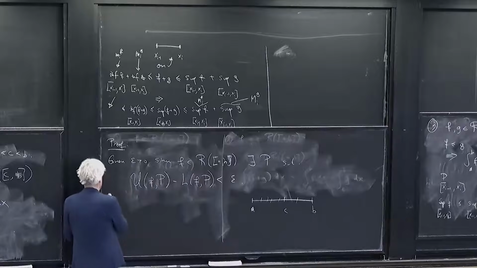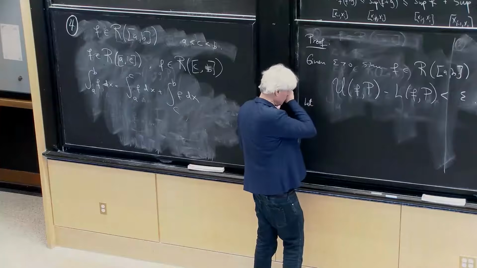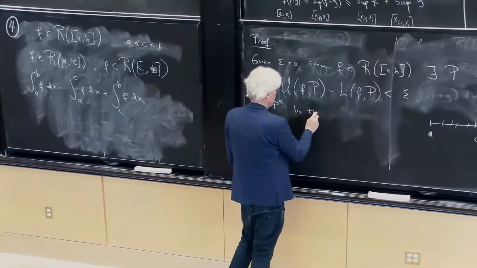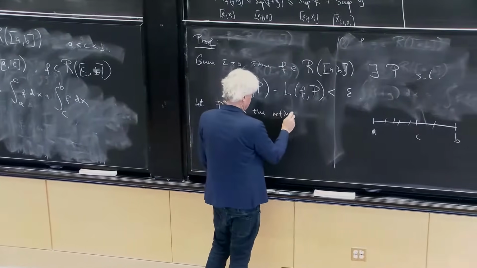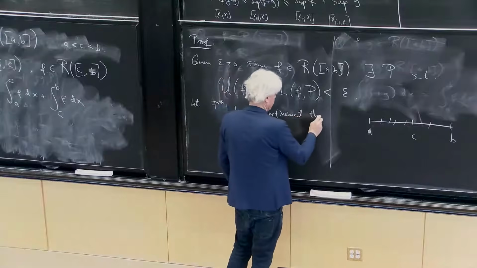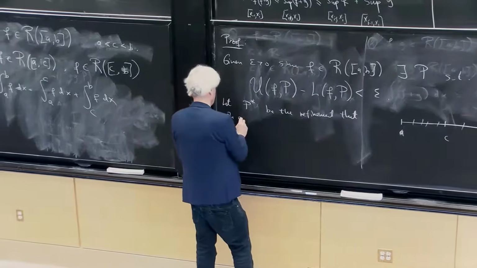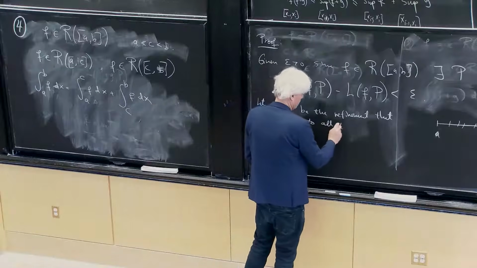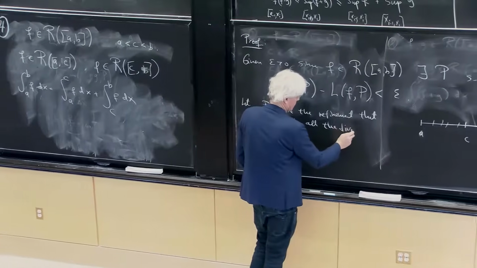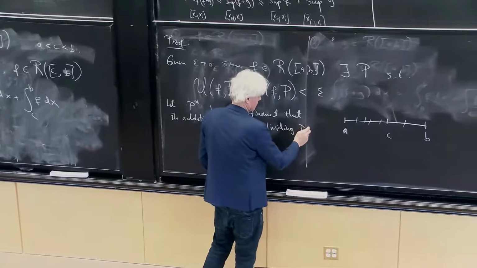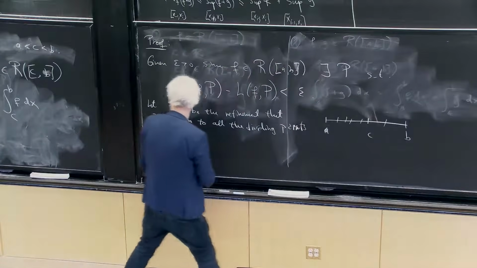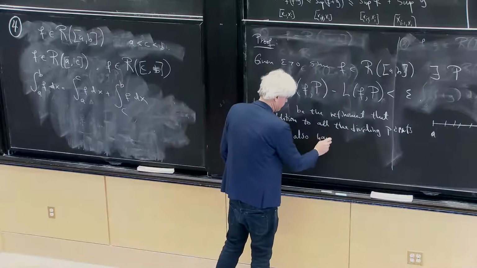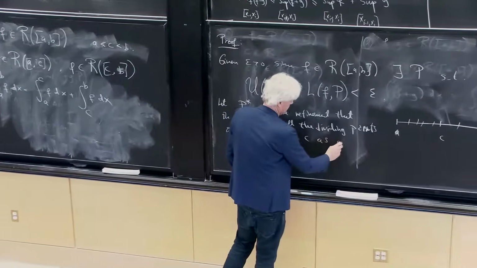So let P star be the refinement that, in addition to all the dividing points of P, also has c as a dividing point.